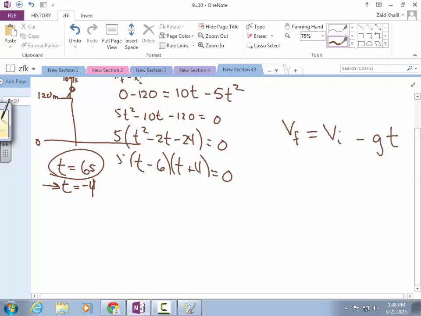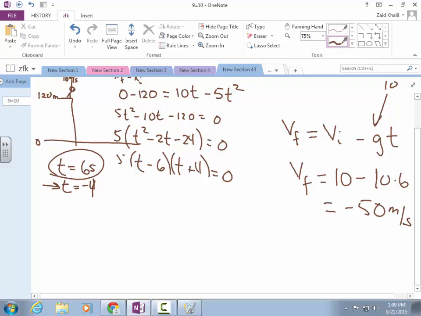What is the time? 6 seconds. So we get VF equals 10 minus 10 times 6, and we get VF is negative 50. What's the speed? 50. Mr. Khalil, there's no units. Now there's units.